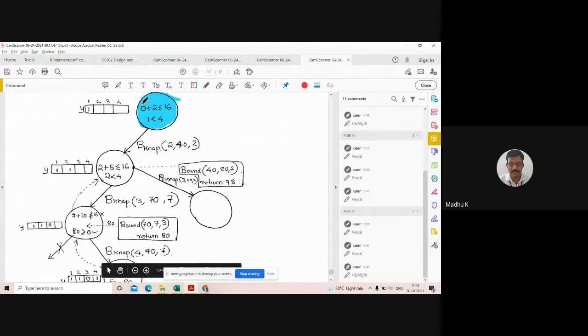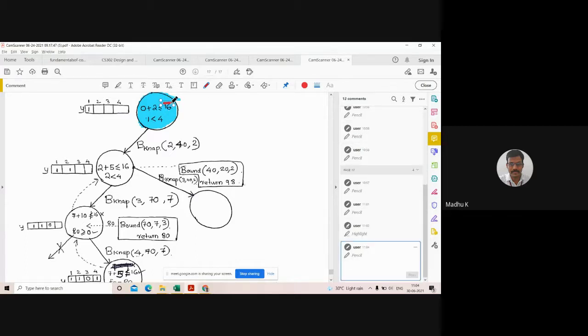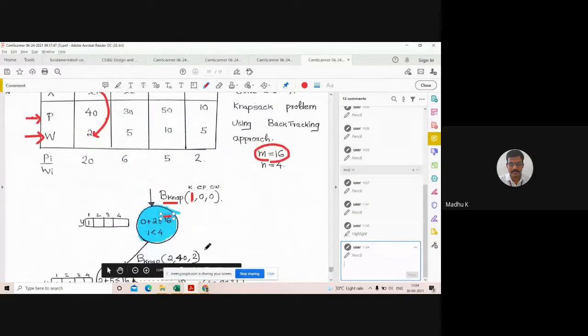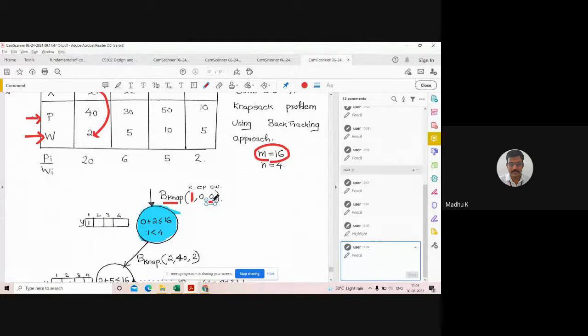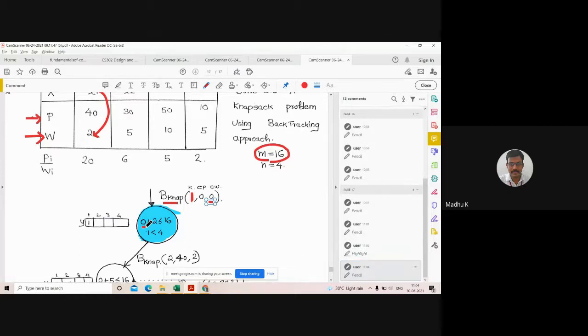Note that M is the capacity, 60. The initial current weight is 0. In this state, we take the current weight plus the weight of the object.